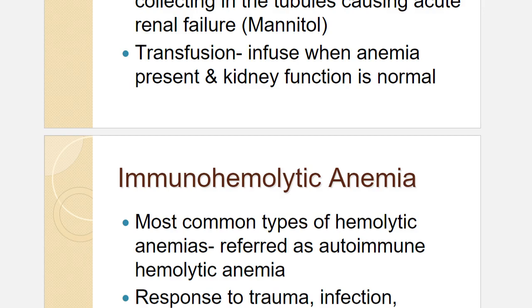This one is obviously due to a genetic problem causing hemolysis of those red blood cells, which causes them to be destroyed, causing a decrease in the number of red blood cells.